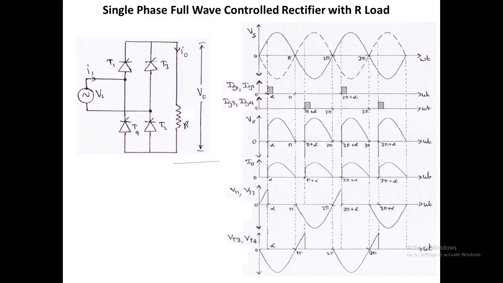So all the waveforms are plotted against omega t. Omega t is in radians, where omega is equal to 2 pi f and T is the time period. So omega t is in radians, and we can also draw it in degrees.